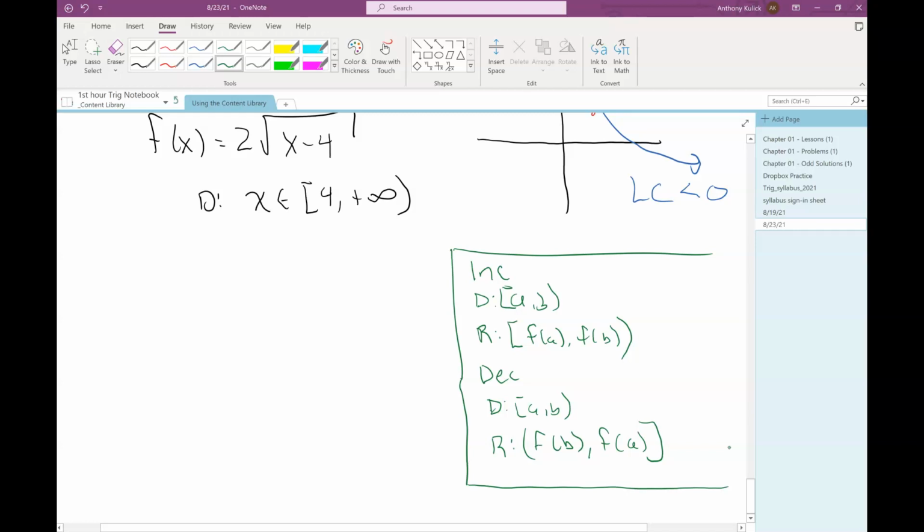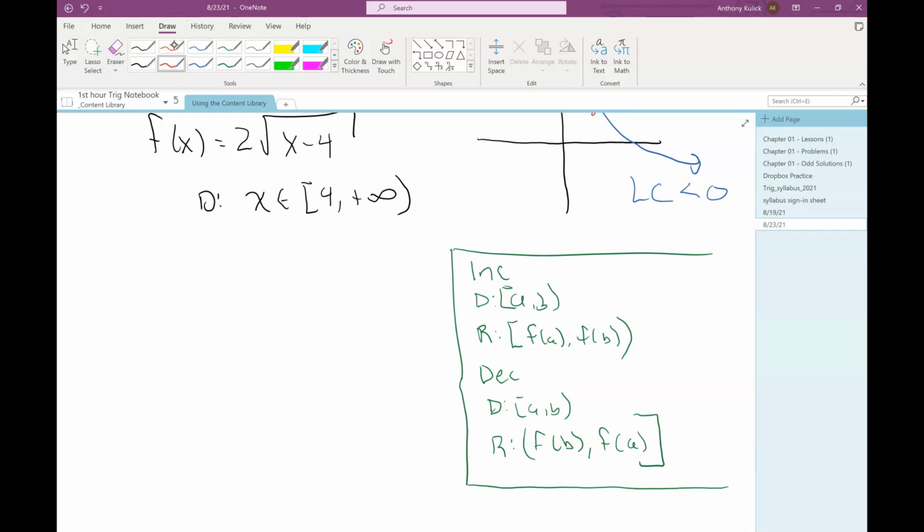And you'll notice that the bracket and parenthesis stayed with the value that had the bracket or parenthesis from the domain, right? That f of A kept the bracket rather than the bracket being in the beginning. It stayed with the f of A, so now it's at the end. Or stayed with the A, really. You guys see that? Okay.